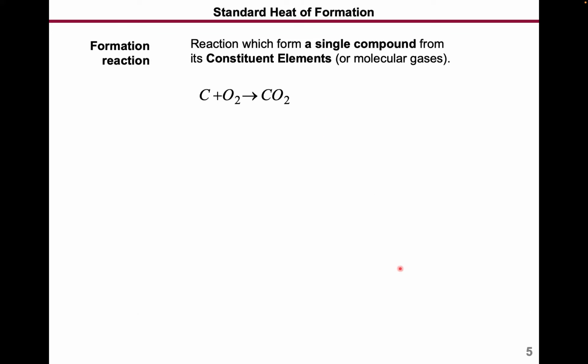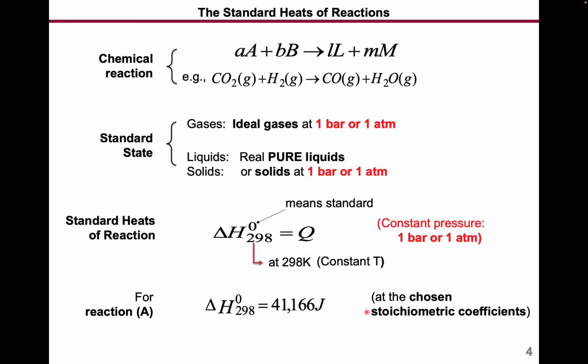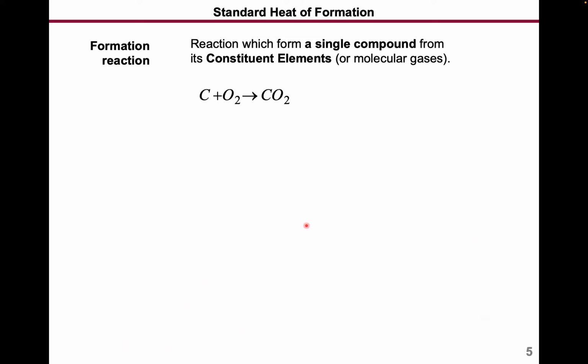All right, so we previously mentioned, for these standard heats of reaction, how do people measure it? People actually measure it by combustion reaction, but theoretically they can calculate the heat of reaction from formation reaction.